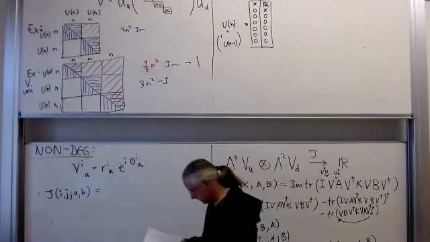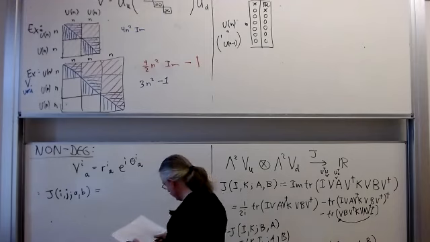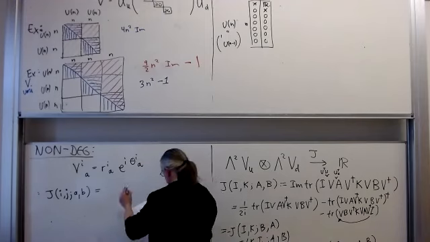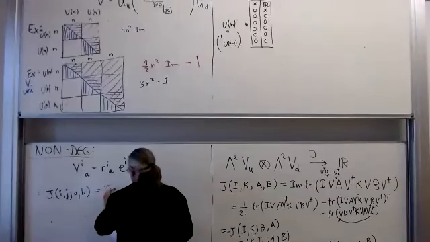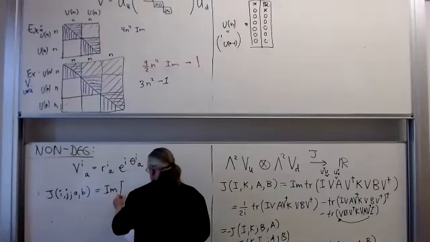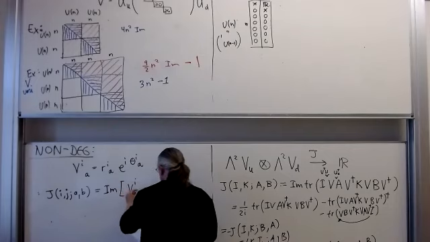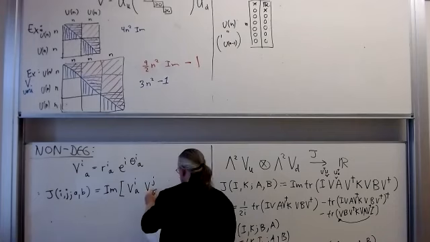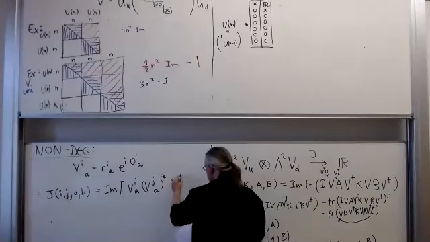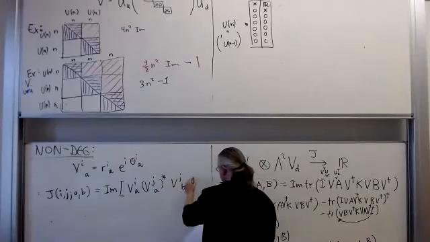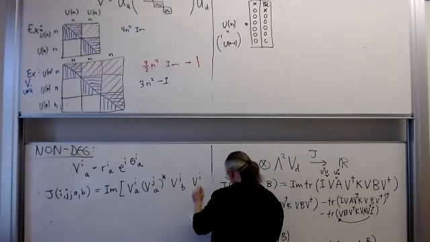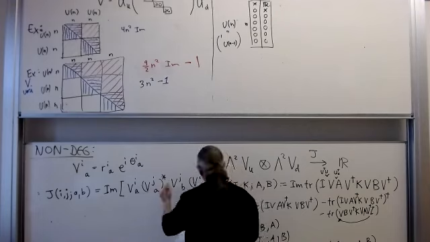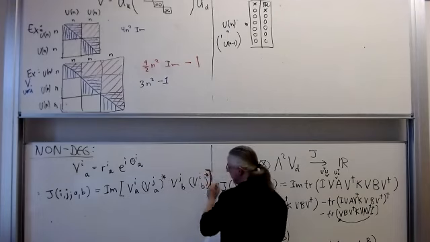So in this case, this Jarlskog invariant becomes just the imaginary value of V_iA V_jA star V_jB V_iB star, and then the imaginary value of this.